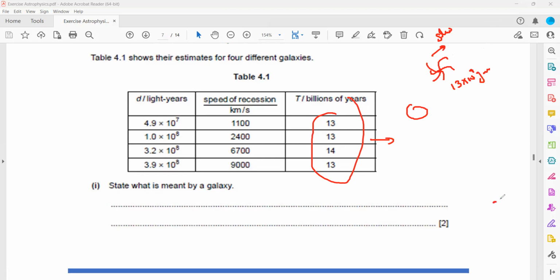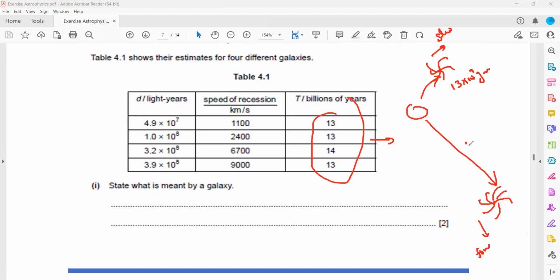And there is another galaxy which is far from the Earth, and that is moving faster. When we calculate how much time it took to move away from the Earth, both galaxies are moving away, but one is moving slower and one is moving faster. But the time taken by the faster galaxy and the time taken by the slower galaxy are the same.